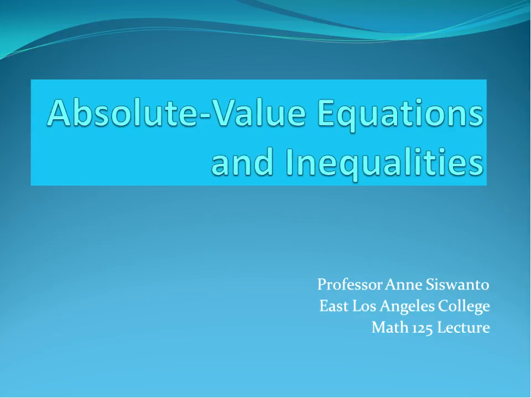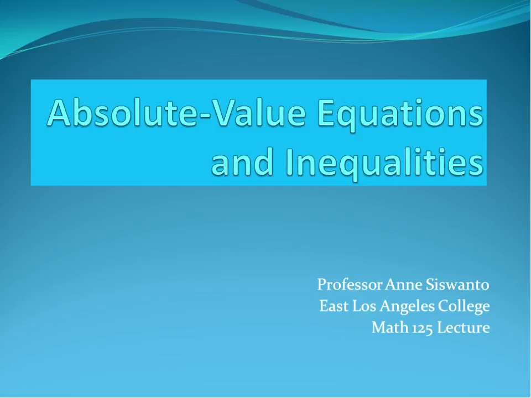And the distance between x and negative 2 is 4. The distance is always positive, isn't it? So absolute value of x is actually x if x is greater than or equal to 0.